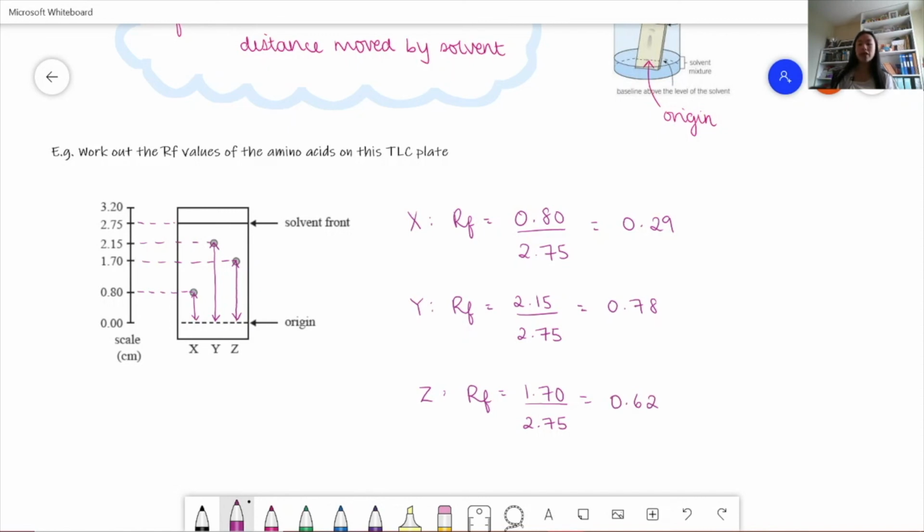So now we can work out what the RF values actually mean.